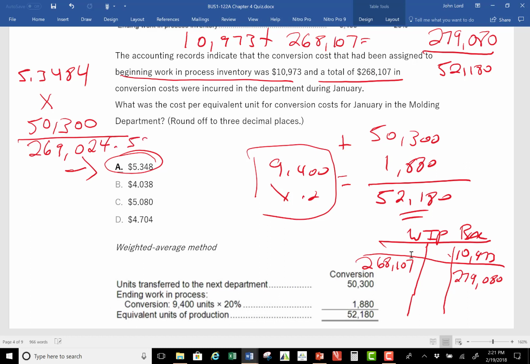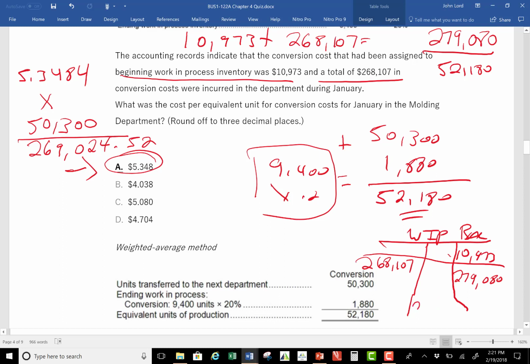0.52? Okay, great. And so when I go ahead and I transfer out 269,024, I always make my T accounts too small to fit these stupid numbers in here. Don't you hate numbers?